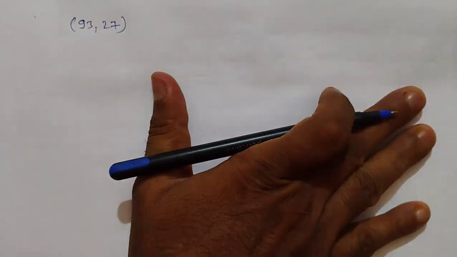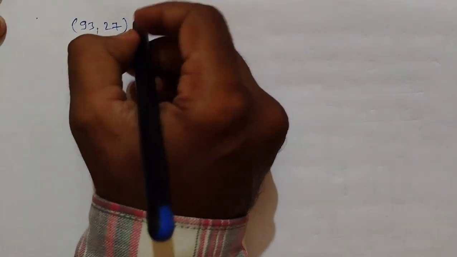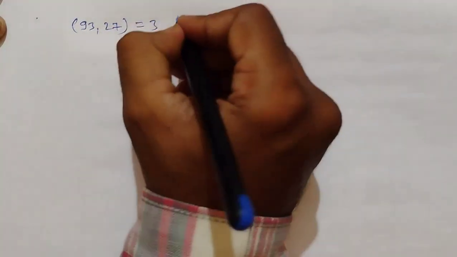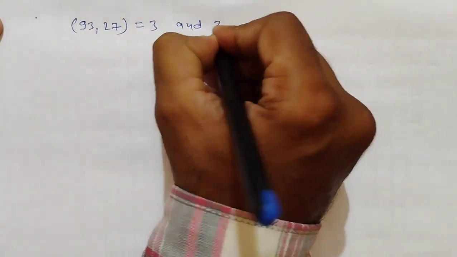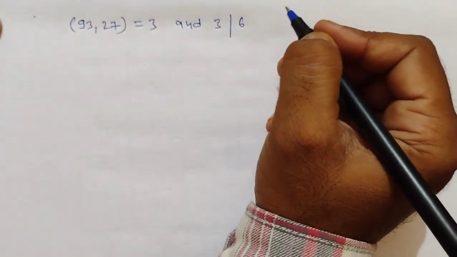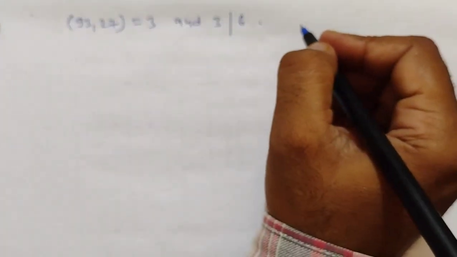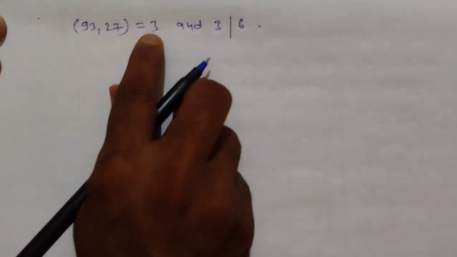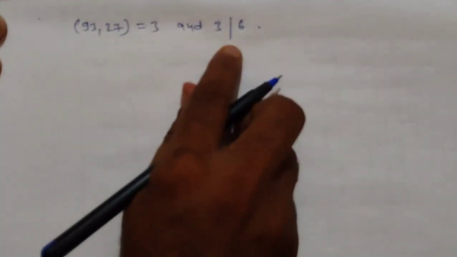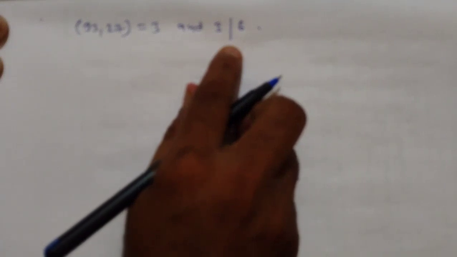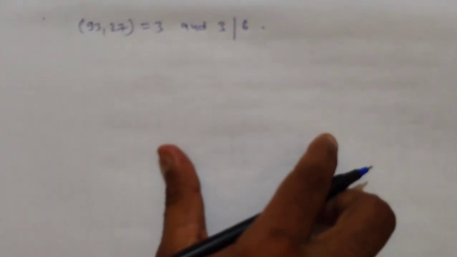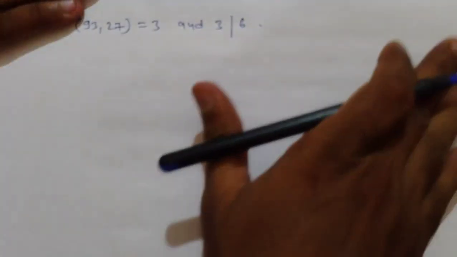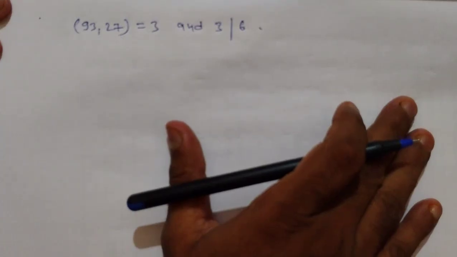So the GCD of 93 and 27 is equal to 3, and 3 divides 6. So therefore here 93 and 27 have the greatest common divisor 3, and 3 divides 6. So now we can check the solution for x and y.